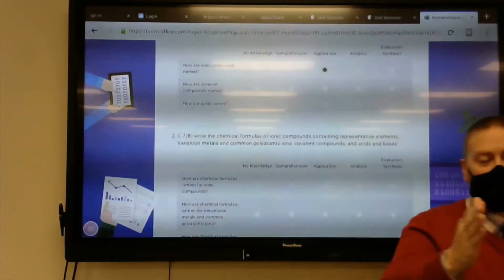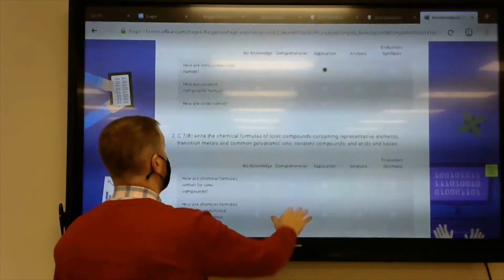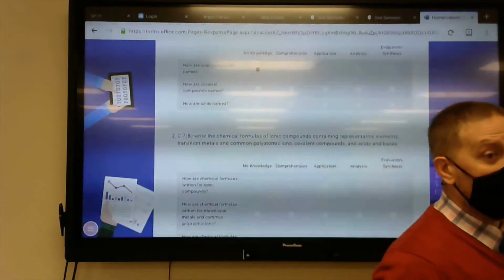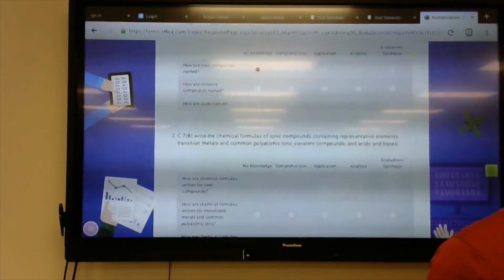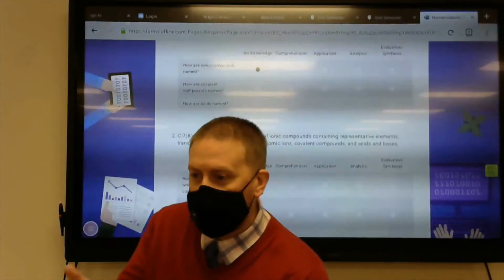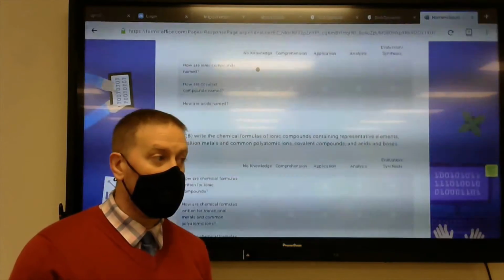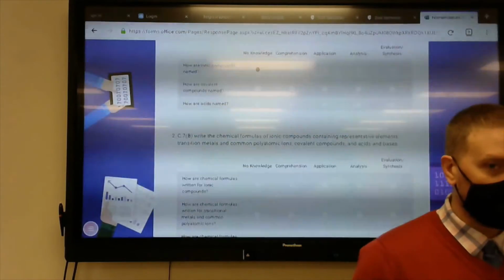If you are not able to do the comprehension level activity, you will click on no knowledge, and you better be studying for the test that evening. All right? If you can't even do the comprehension level activity the day before a test, then you've got a lot of work to do to be prepared for that test.